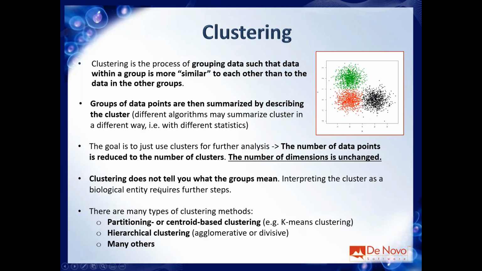Also, another thing to keep in mind is that clustering per se doesn't tell you anything about what a group is. So what's the meaning of a group? What's the biological population that group contains? To phenotype, to characterize a cluster, because at the end you are dealing with the center, you will have to go through all the dimensions and say, okay, this center is at 2 for the y parameter and at 0 for the x parameter.